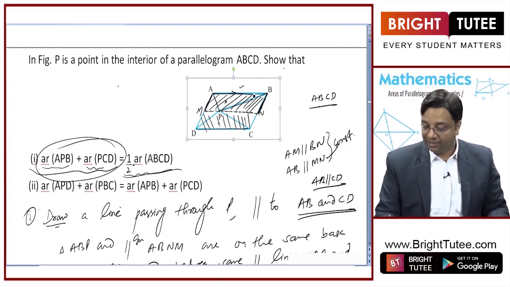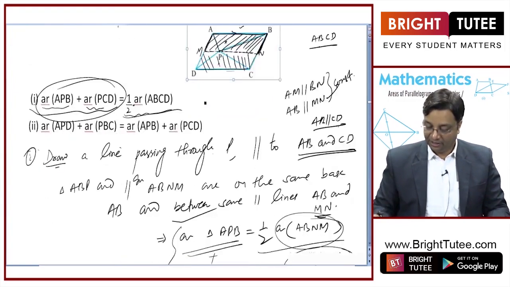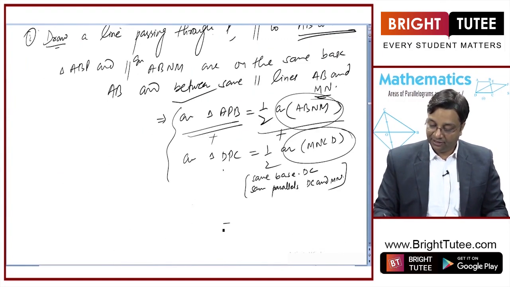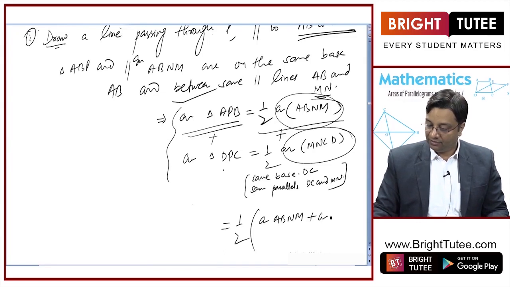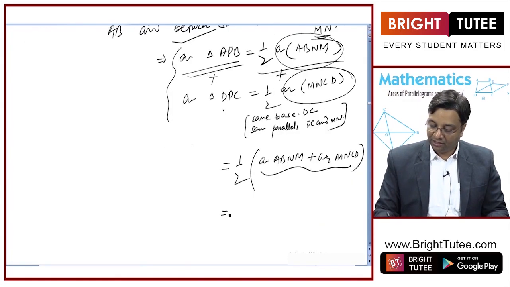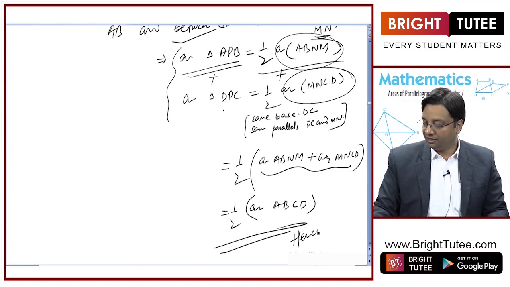I will get the area of ABCD. So, when I add the right hand sides, it will give me half area of ABNM plus area of MNCD. Now, this sum is nothing but area of ABCD. So, first part is proved like this.